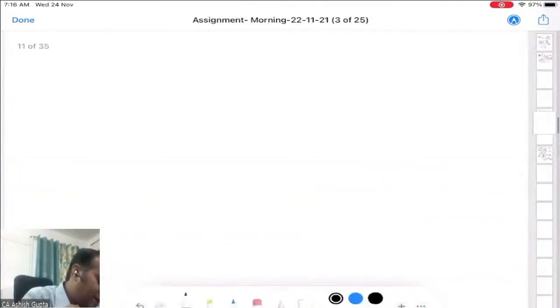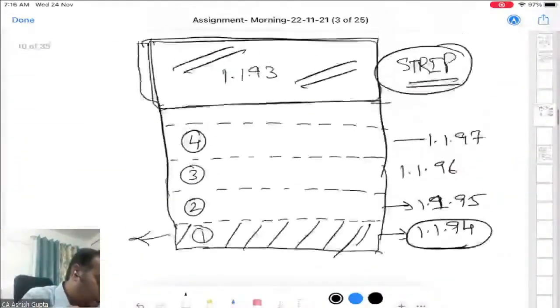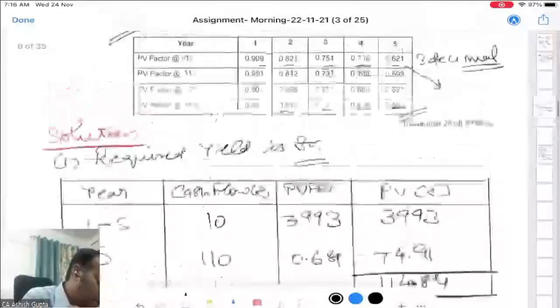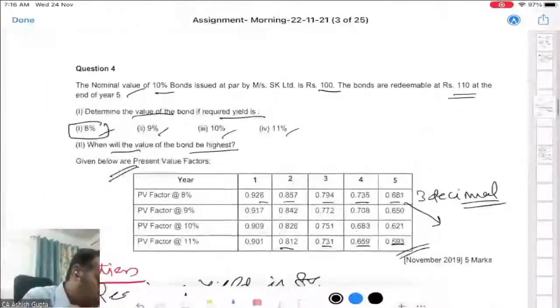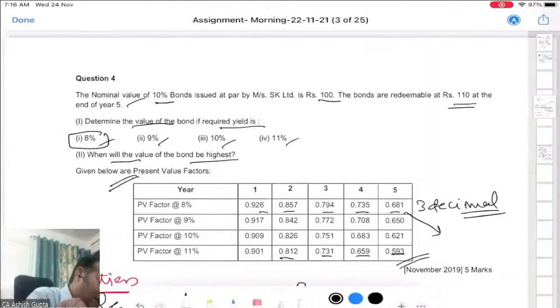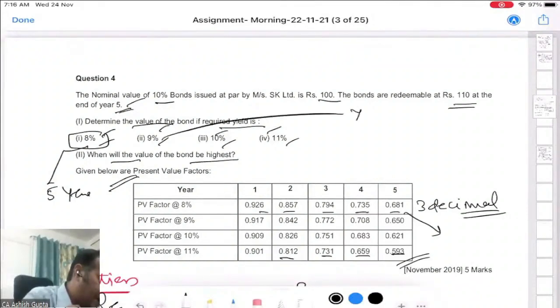Similarly, in the other question the tenure is 5 years and a different yield was given, but this yield was stable for 5 years. We are assuming 9% for the 5 years. So we have computed the answer in 4 scenarios.